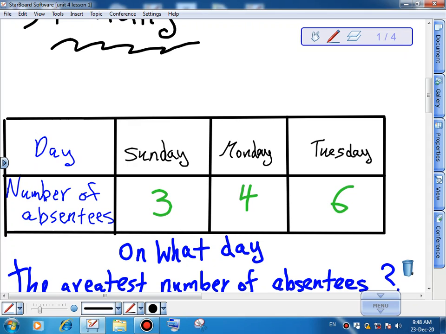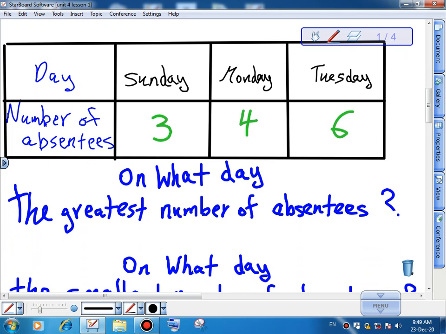In this table I need to get new information. If I need to know on what day the greatest number of absentees was, on Sunday or Monday or Tuesday, we look to the information, we look to the data in this table.